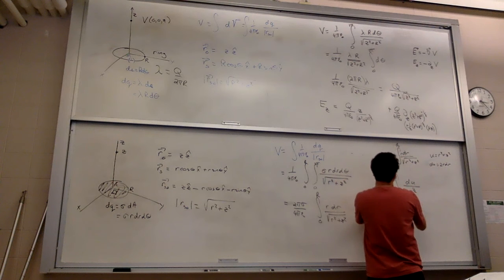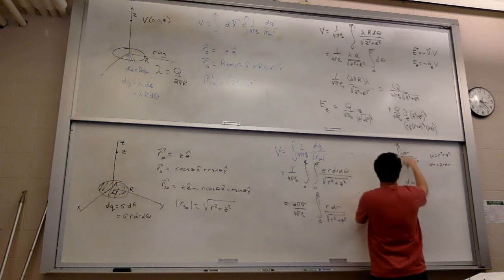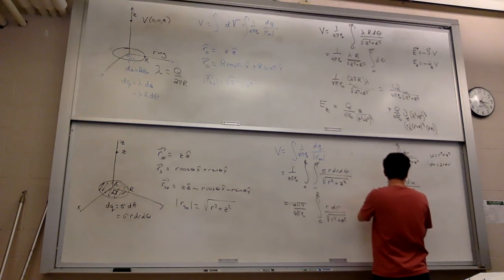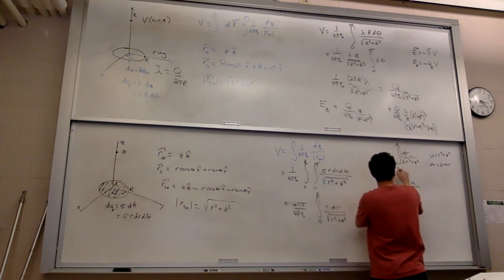I integrate from u when r is 0, u is z squared, and when r is capital R, u is capital R squared plus z squared.